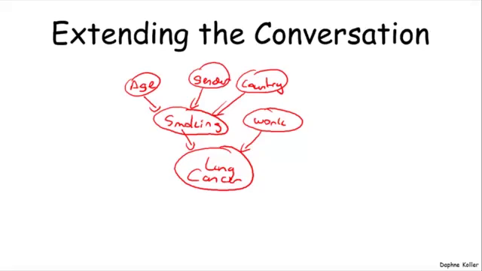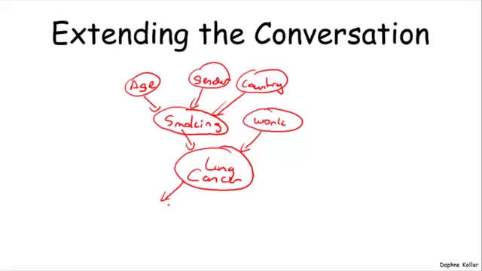Is that enough? Usually not, because we also need to consider, for example, factors that might indicate to us whether somebody has cancer or not. And so we might go and ask the doctor, what are some pieces of evidence that might be indicative here?